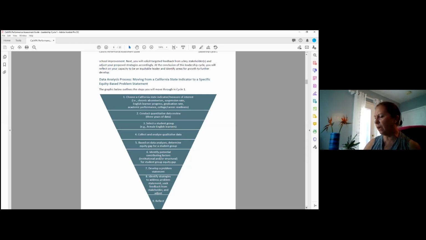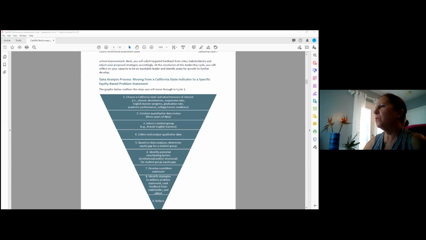So here we have the graphic in front of us, and you can see how it lays it out for the candidate. We are starting at this highest level here. I keep trying to make it bigger and I keep messing up with my cursor. So the candidate is going to start by choosing a California state indicator.